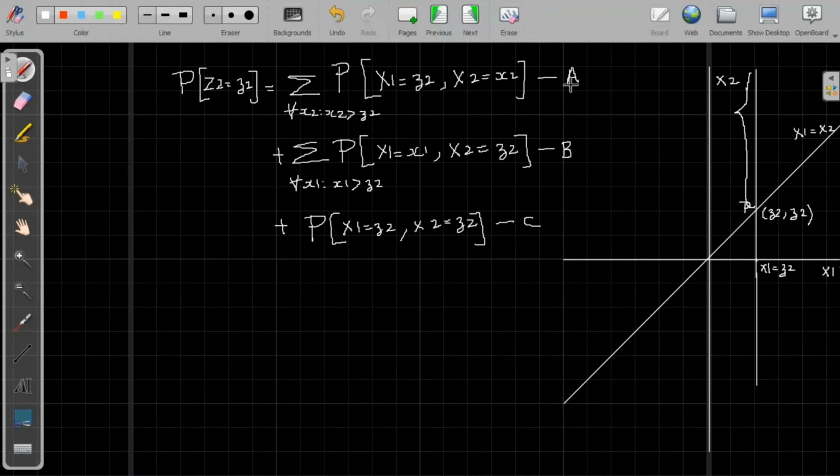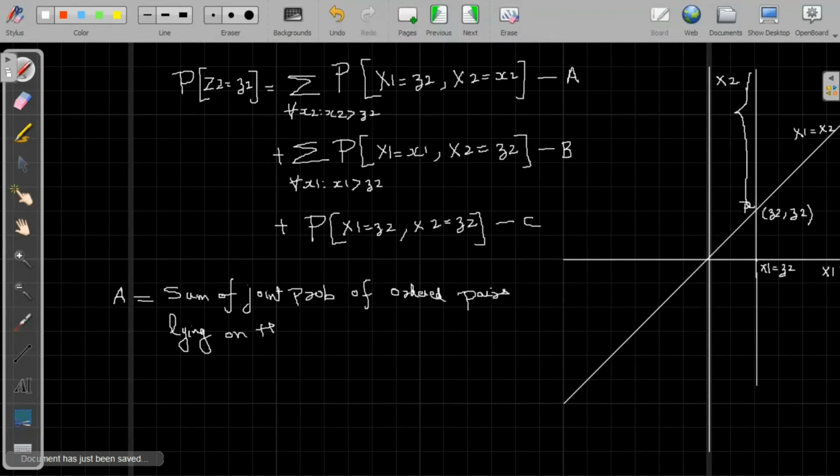So expression A we can write is equal to the sum of joint probabilities of ordered pairs lying on the boundary.